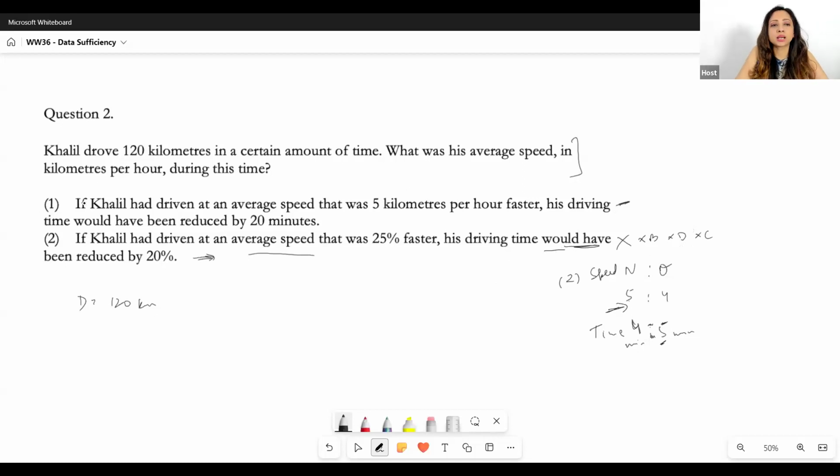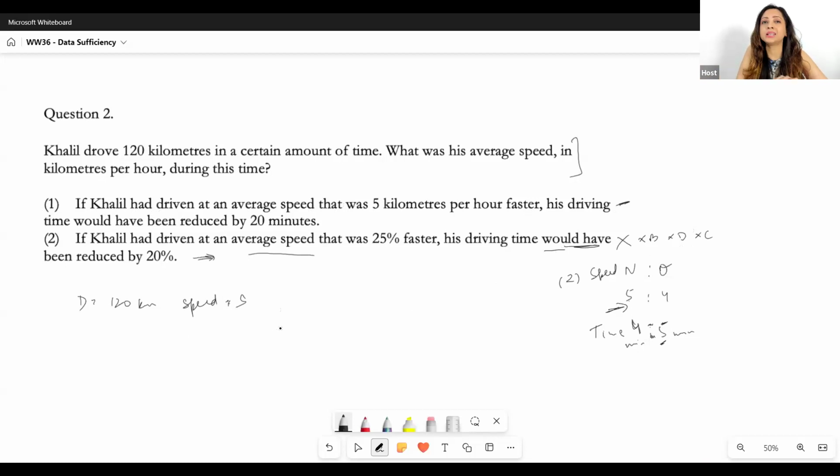All right, let me look at the first statement now. If Khalil had driven at an average speed that was 5 kilometers per hour faster. Since there is an addition of speed, S and S plus 5, I'll need to take a variable. So I'll have to say that speed, let's say, is equal to S, the initial, original speed. And I hate doing that.